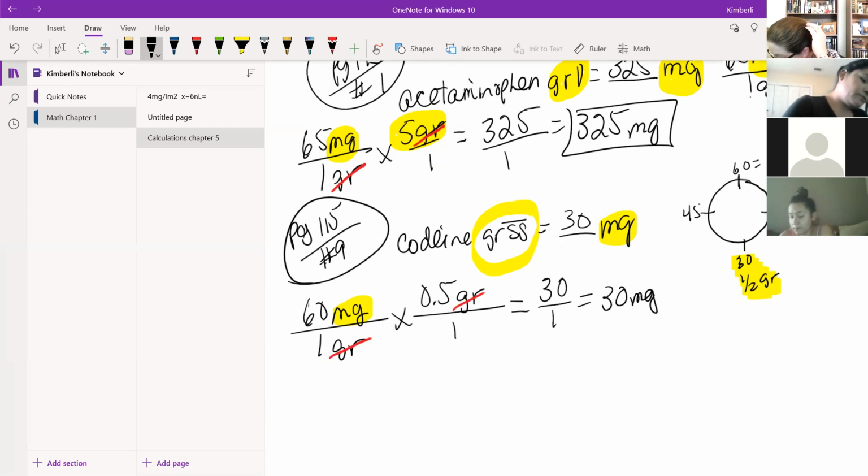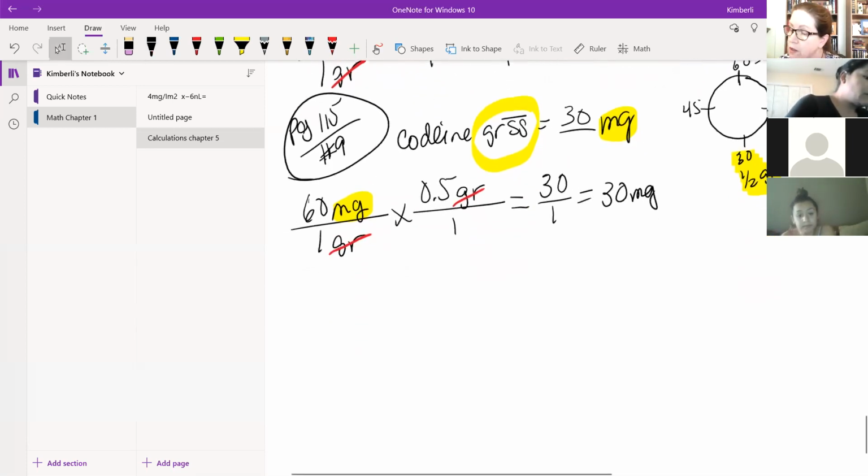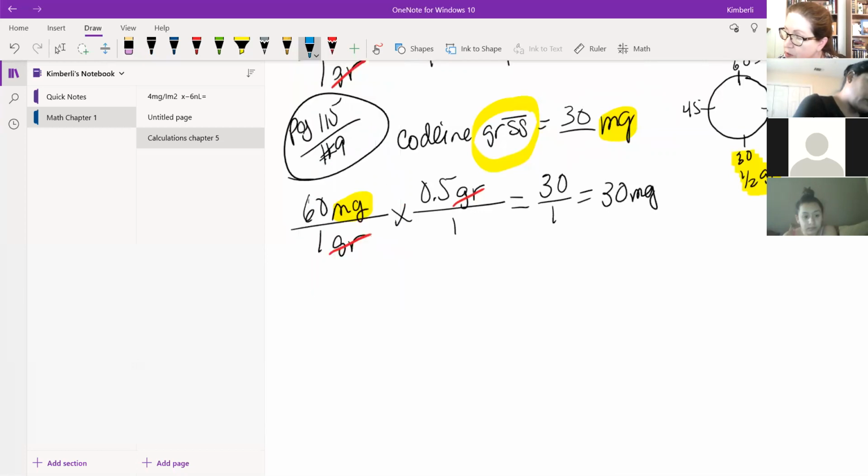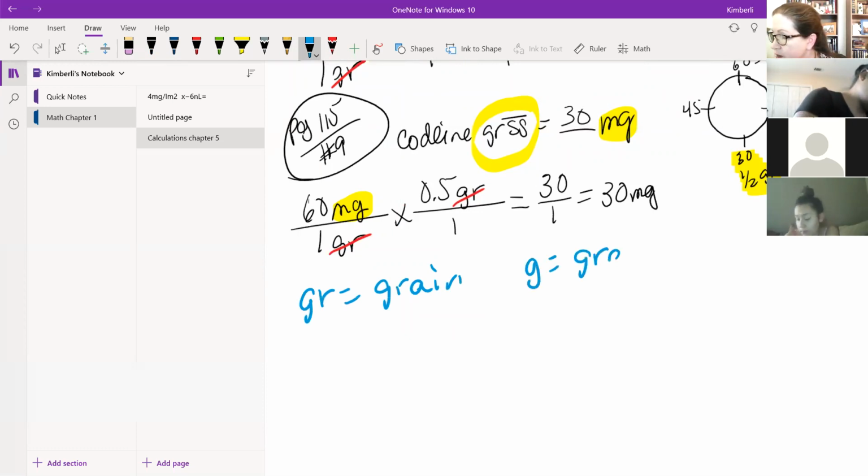And number 6, though, it gives you a bunch of grains and it wants to know how many grams that is. So we want to be careful because GR equals grain, G equals gram, and GM equals gram.